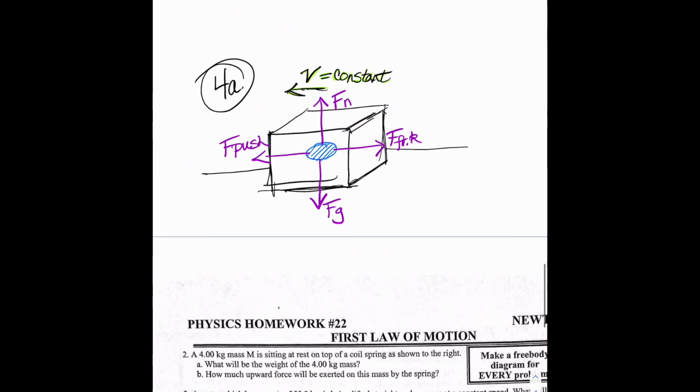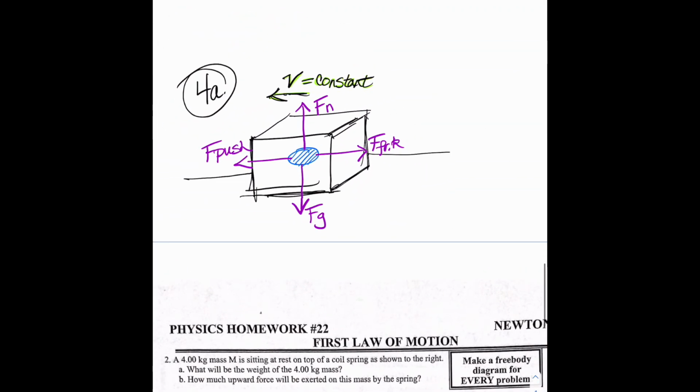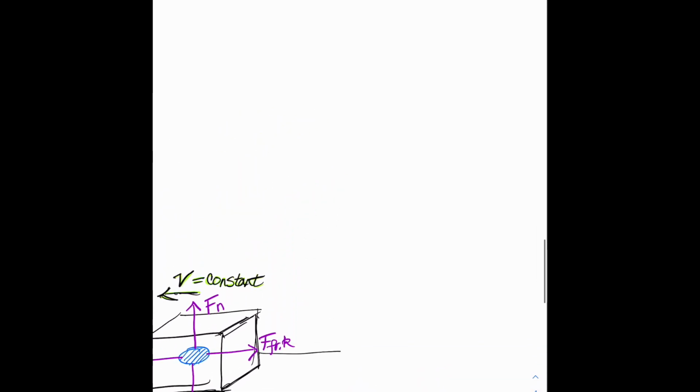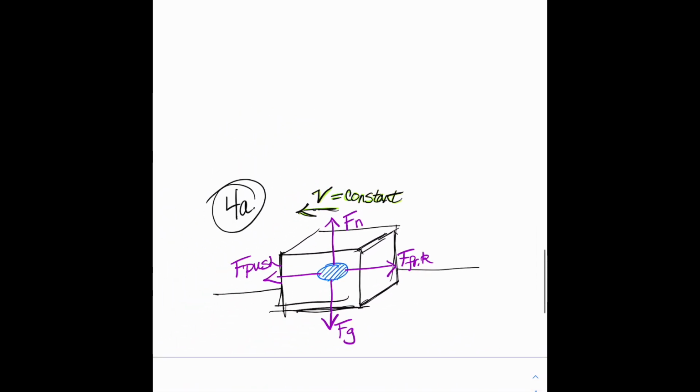If we look at this, we can see normal force points 90 degrees to the surface, straight up in this case. Not always straight up, right? It doesn't have to be, but it is in this case. So if we want to know about normal force, we're going to need to work in the y direction. So we'll go ahead and draw a coordinate axis.